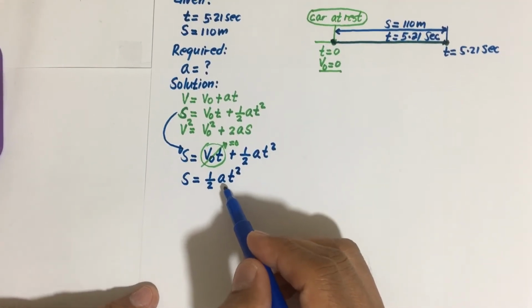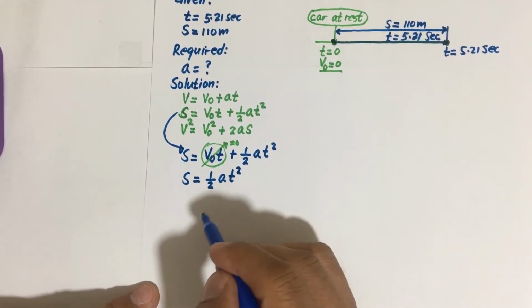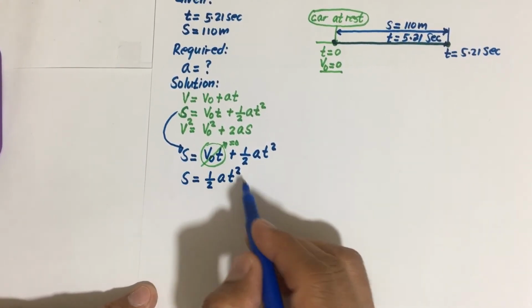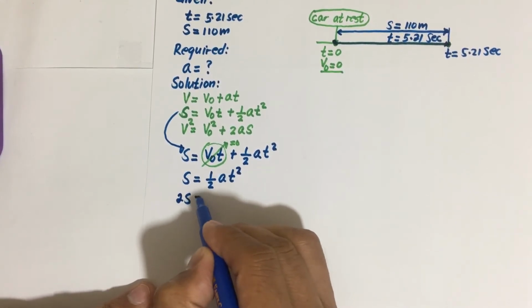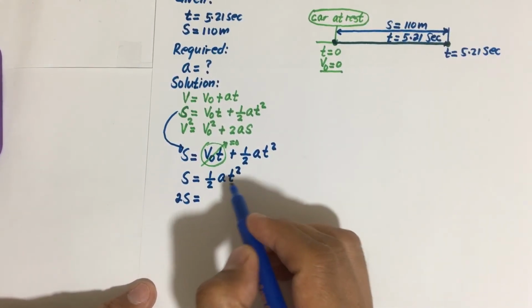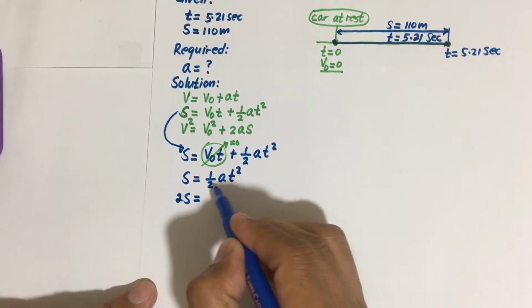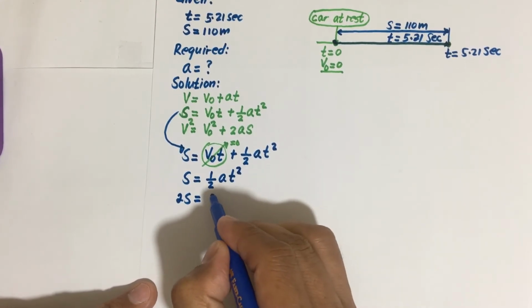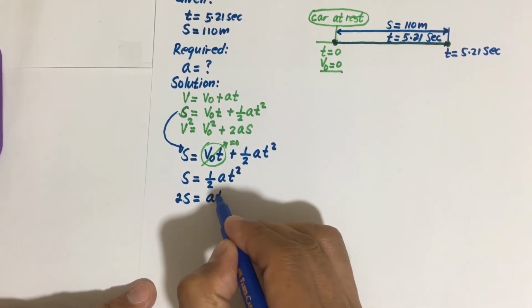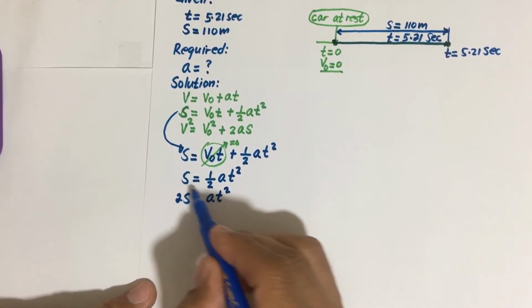So solving for a, you just multiply both sides by 2. When we multiply both sides by 2, we have 2s equal to, on the right side, 2 at the denominator and 2 at the numerator, so 2 divided by 2 equal to 1. What is left here is a times t squared.